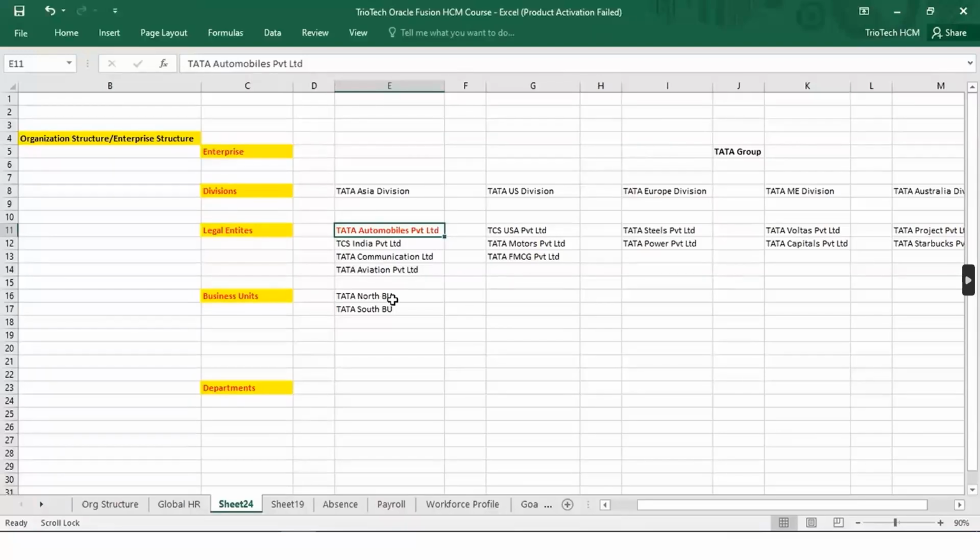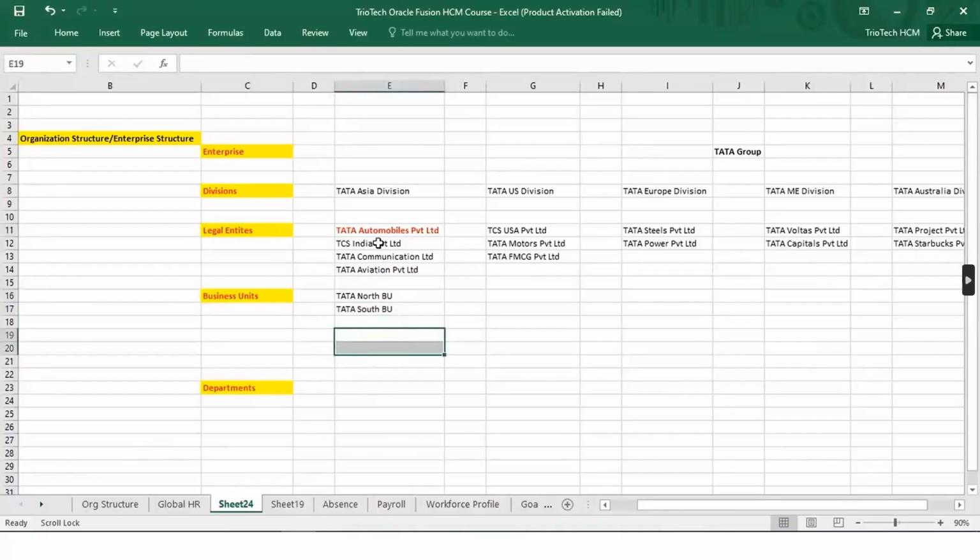For example, based upon region or location for Tata Automobiles Private Limited, my client is saying these are the two business units I have, North BU and South BU. At the same time, business units you can categorize based upon business functionality.